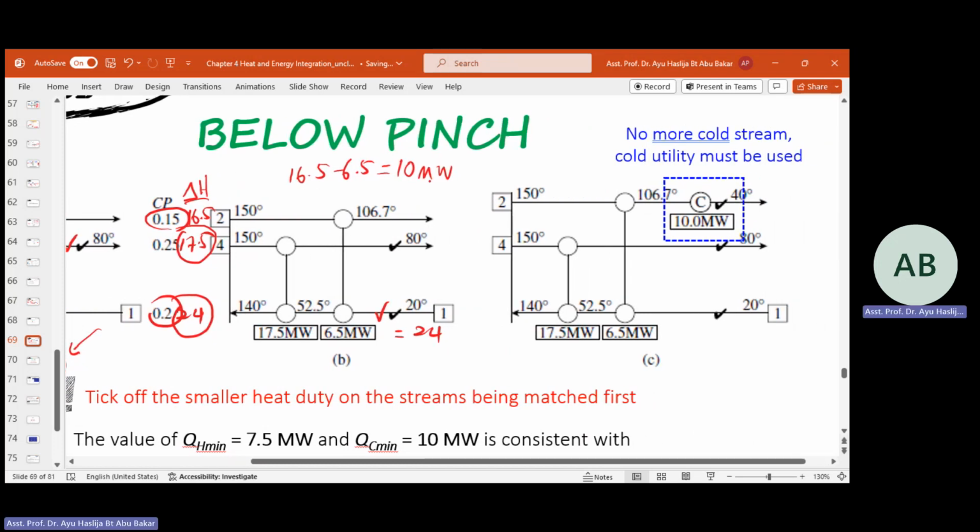So it needs 10 megawatt to cool down stream 2 to T target 40. That's why here it installs a cooler with 10 megawatt.